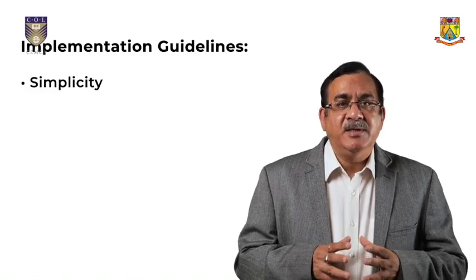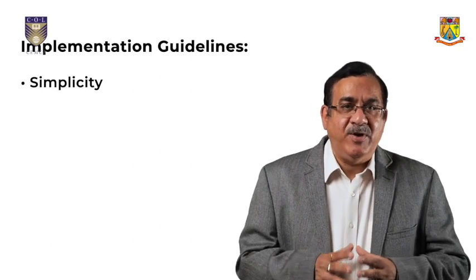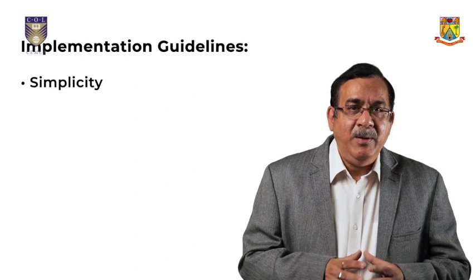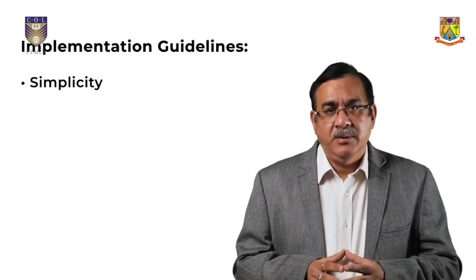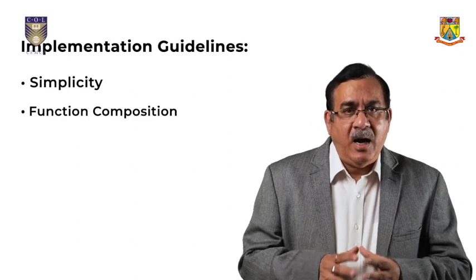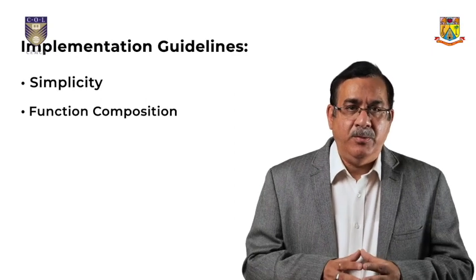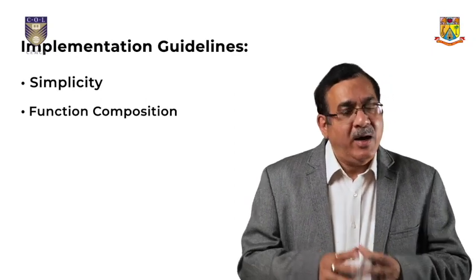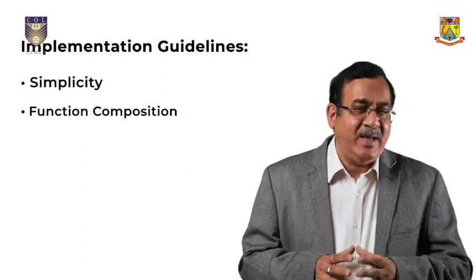Simplicity. Strive for simplicity. Always use the simplest solution that fits your purpose. Any member of your team should be able to understand your solution. Function composition. The architecture of your code base should make your code easy to review. Avoid architectural choices that decrease the ability to reason about its correctness.